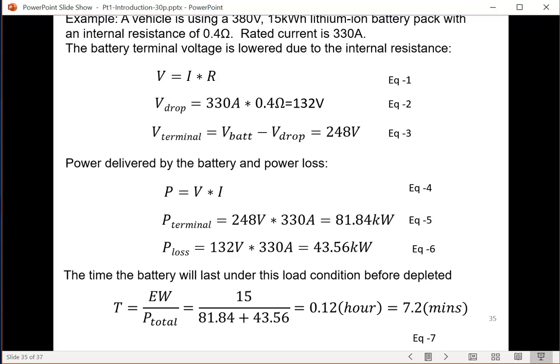Now in this case, I can work out the voltage for each component. I know the current, 330. I know the internal resistance. Therefore, if I multiply the two together, I times R, 330 times 0.4, that gives me 132 volts.